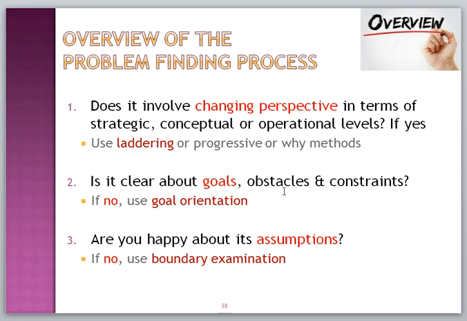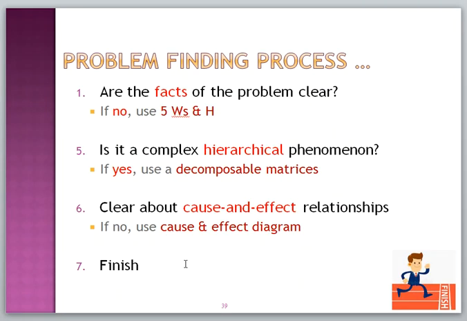If the goal has abstracts and obstacles and you need to show this, use goal orientations. If you have some words that have different meanings from one to another, you need to settle down the meaning of this, so use the boundary examination, right, and mark all the key phrases in the problem, and then find their meanings and write down the problem again using their meanings and connotations.